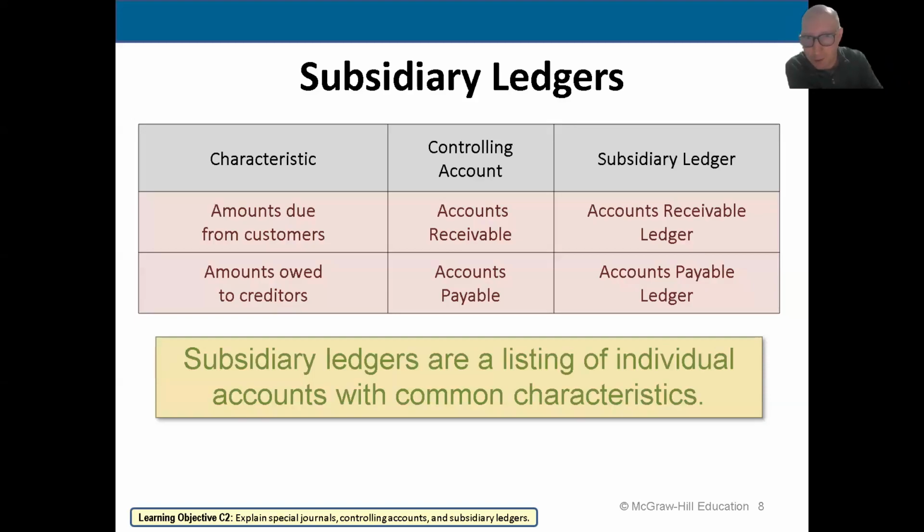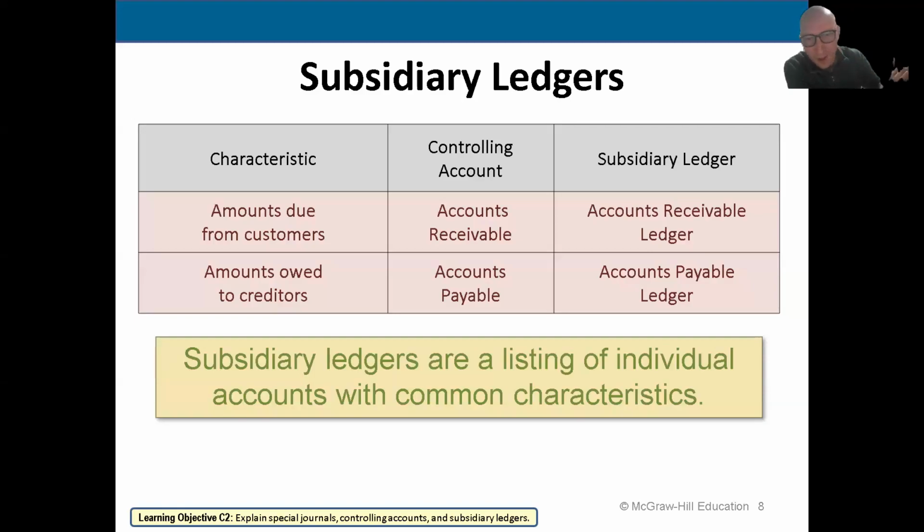It works the same way with accounts payable. Accounts payable represents all of the bills that the company has not yet paid. Accounts payable, right? I owe the money to someone else. It's accounts payable.